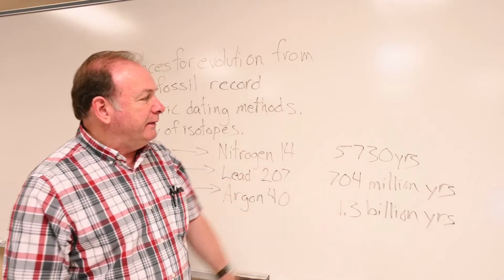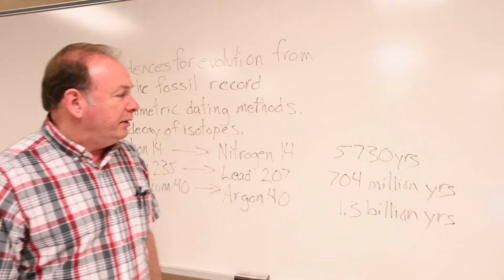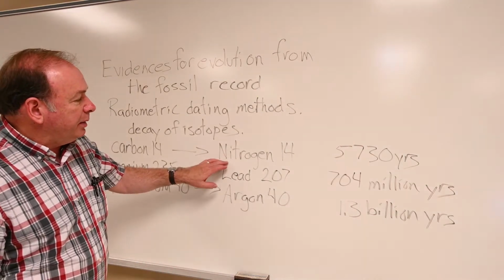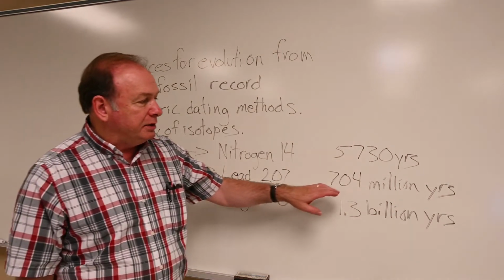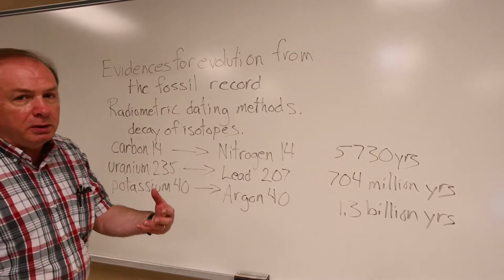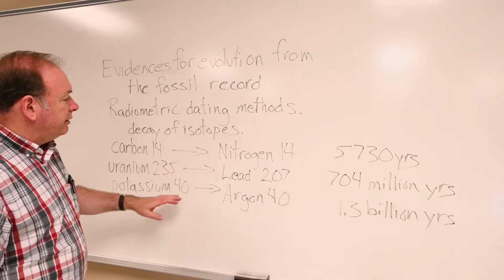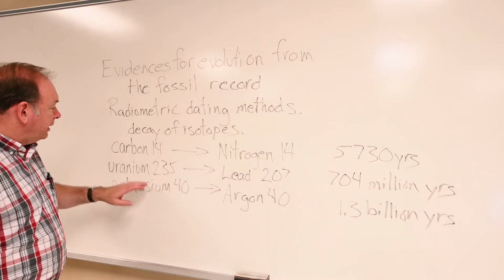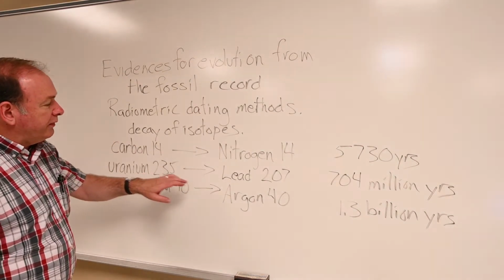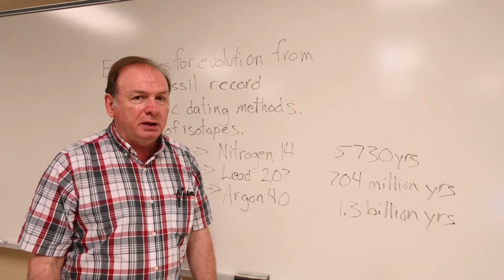So that kind of dating, more recent material that forms in the sediments that you can find in sedimentary layers can be dated using carbon-14, but when you get very old, and most of the fossils we talk about are much older, you're going to have to use one of these other forms of unstable element, like uranium-235 that degrades to lead-207 in 704 million years.